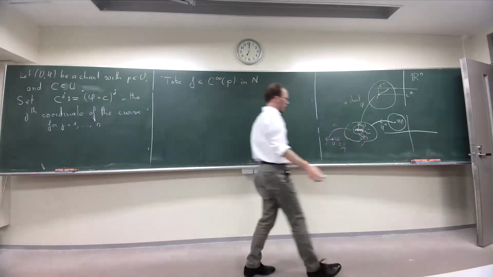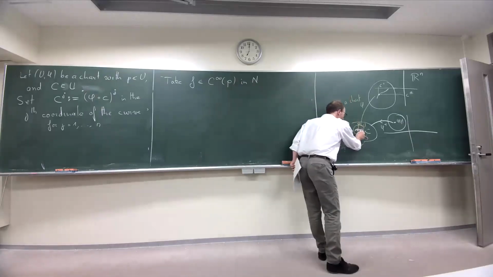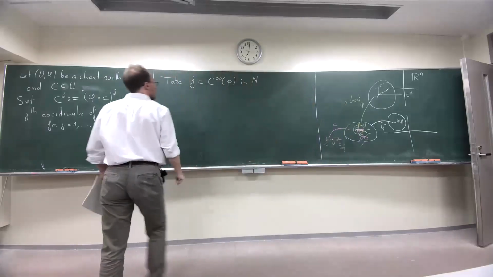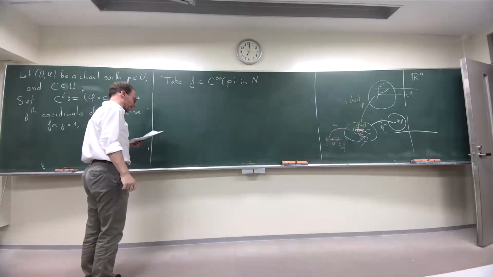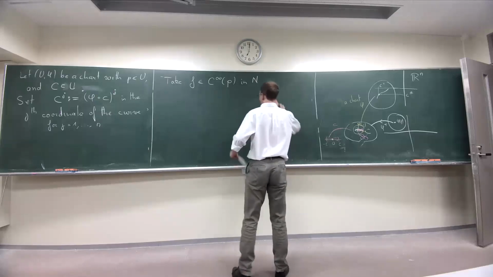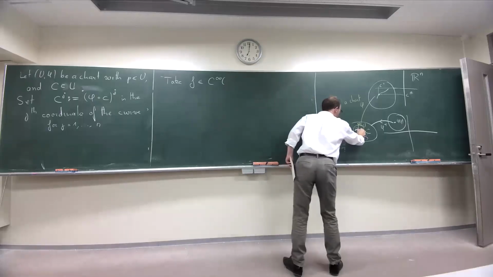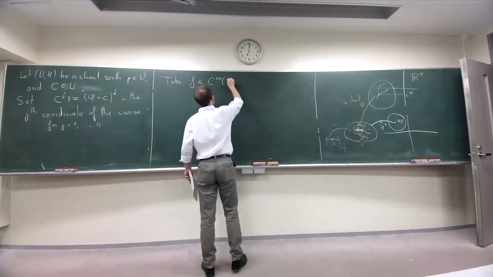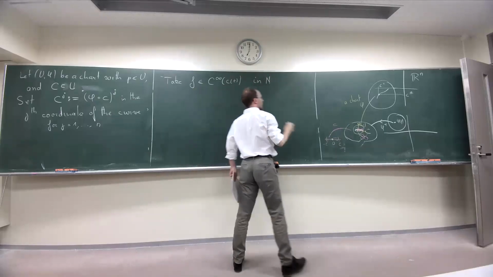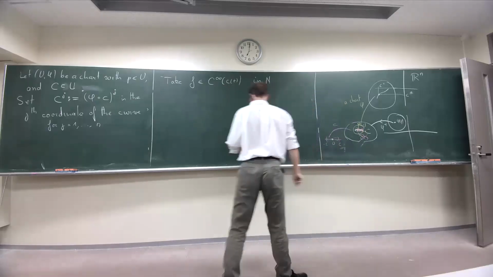Now I take an f which still lives on a neighborhood of P, but as a function on the manifold N. I don't want it to be located only at P. I want to be located at any point, so at c of t in N. So I want to consider a function defined at any point here.